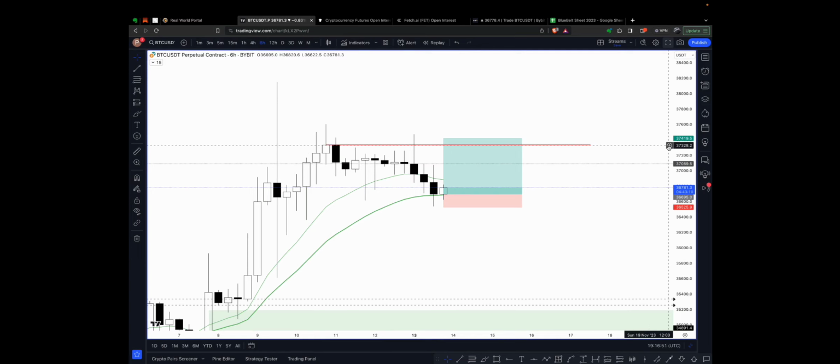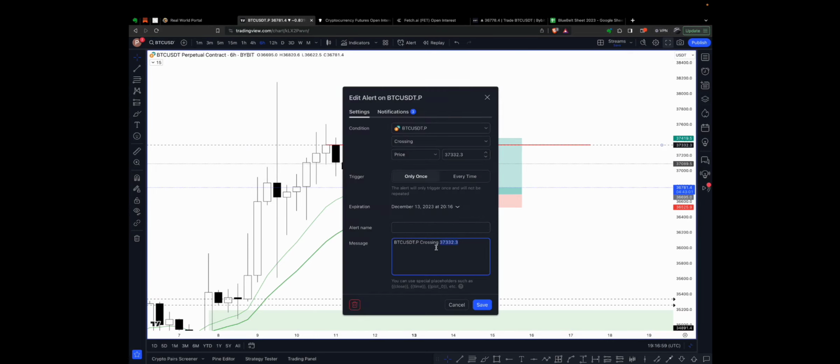So I would set an alert at this level. And for anyone who's doing a system that doesn't have a predefined exit, you can do this. You set it at the break of structure: break of structure potential, wait for 6-hour candle close, TP if valid BOS occurs. Okay, that would be the take profit rule.